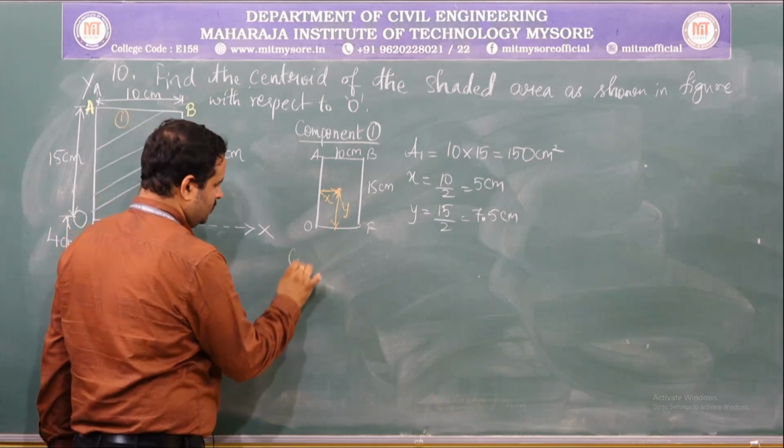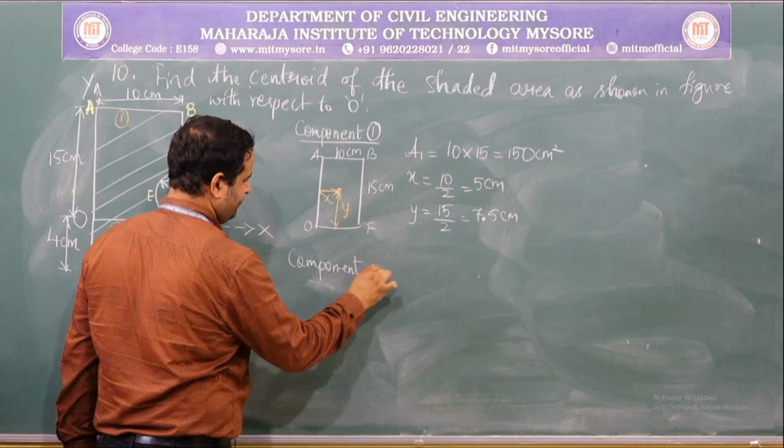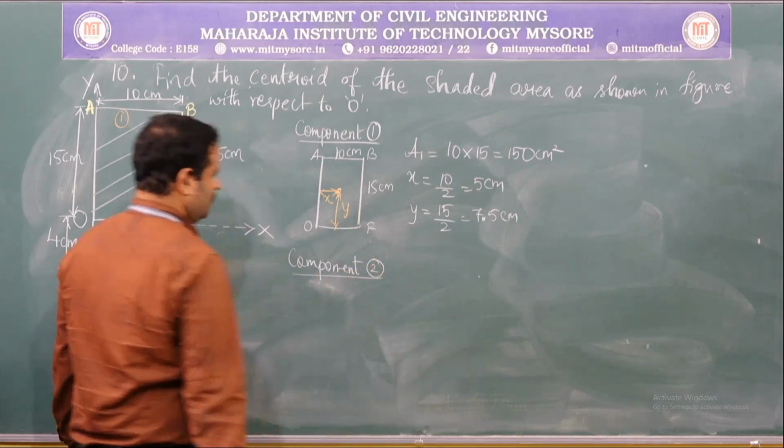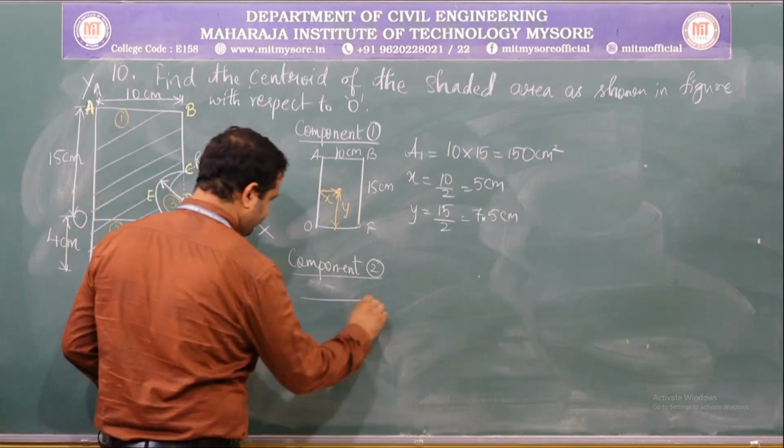Next, component 2. So, which is component 2? Triangle.